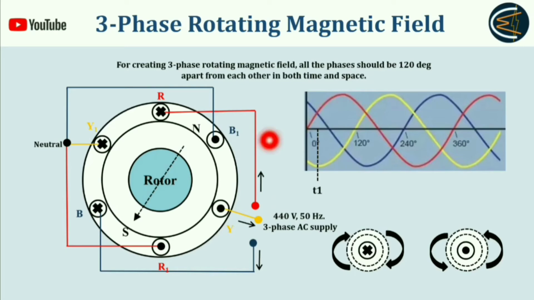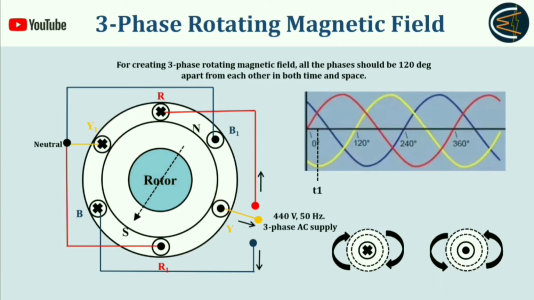So the current is going like this, entering through this slot and coming out from this slot. Similarly, for the blue phase, it is entering from this slot and coming out from this slot, but in the case of the yellow phase, it is entering from here and coming out from here.